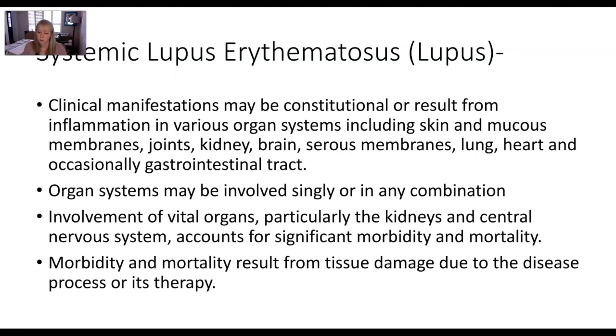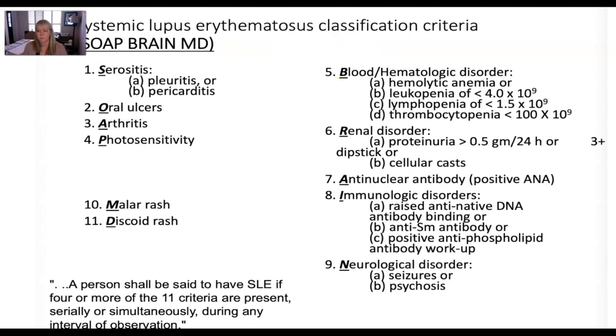So yes, organ systems can be involved if they are presenting late in the game and they have a severe case of lupus. Then, you know, that's a problem, and we'll definitely find out that this patient is really sick. And it involves tissues, so you start having tissue damage due to the disease process.